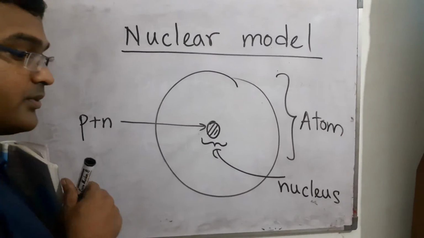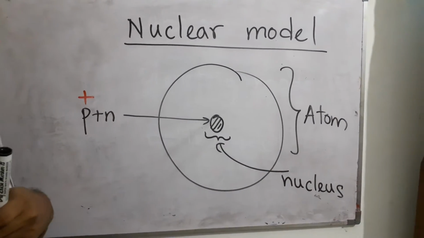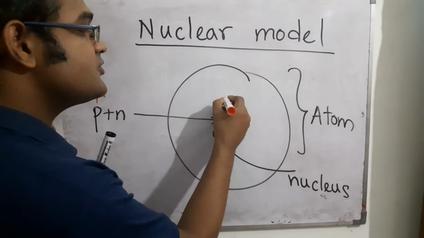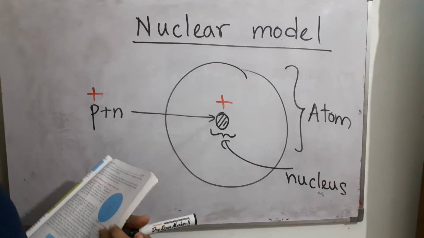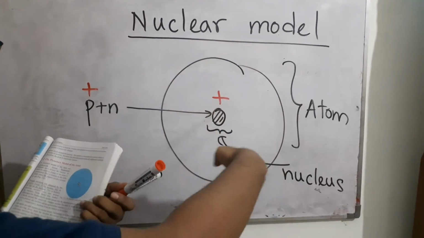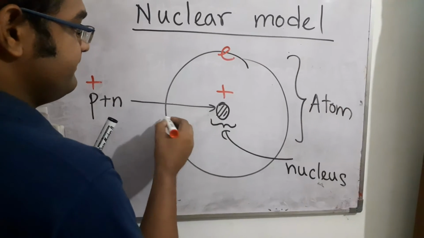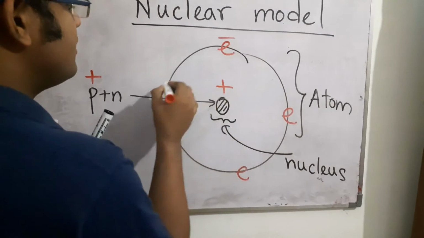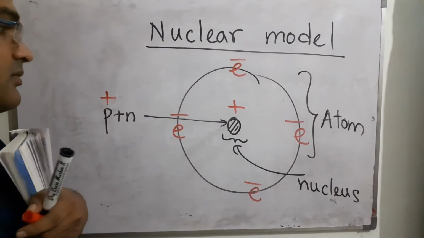And you know, protons are positively charged, and neutrons are neutral. Therefore, the nucleus is also positively charged. And electrons revolve around the nucleus. They are negatively charged.